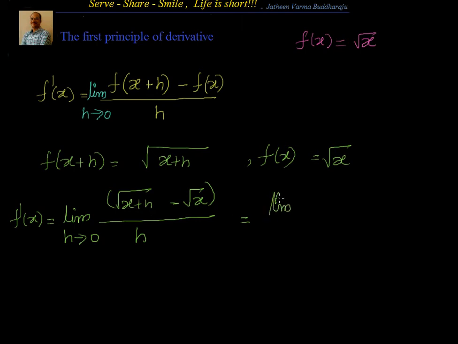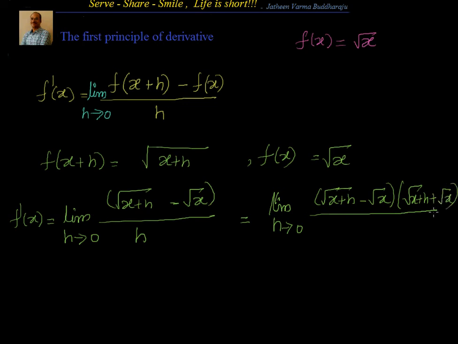For that I will write limit h tends to 0, this is equal to (root of x plus h minus root x) into (root of x plus h plus root x) divided by h into (root of x plus h plus root x).